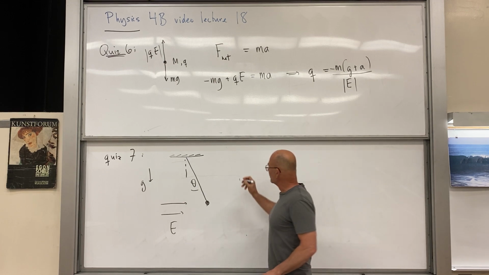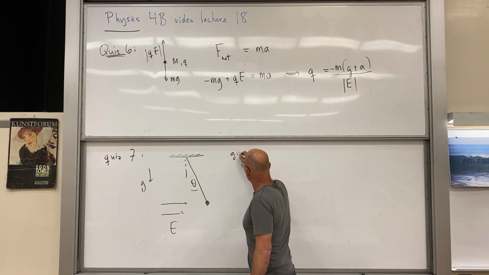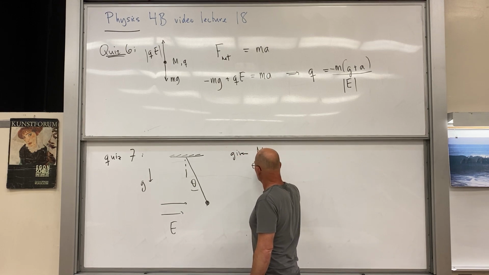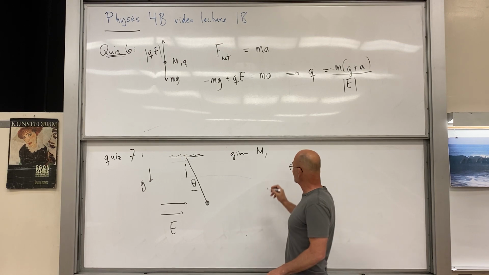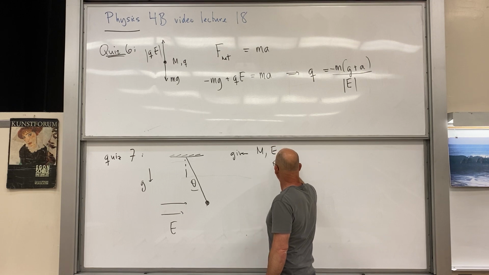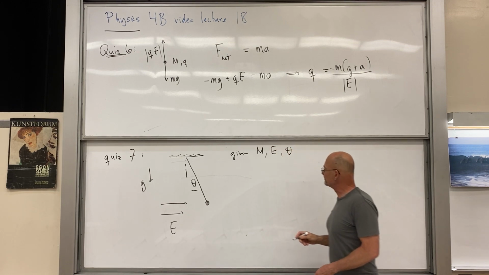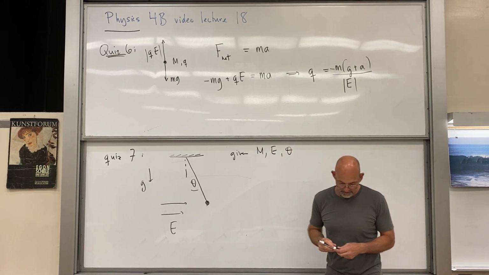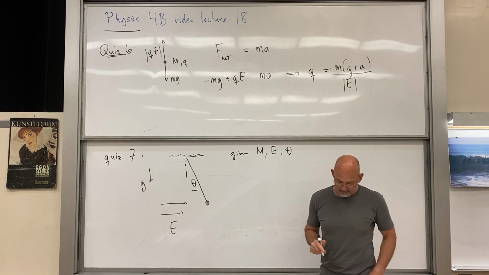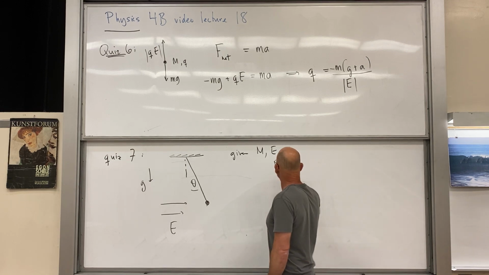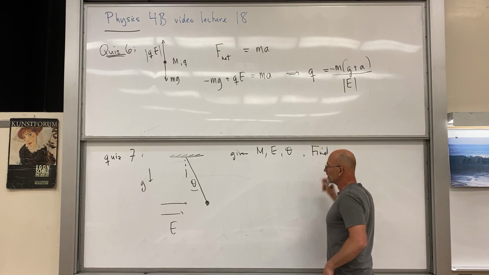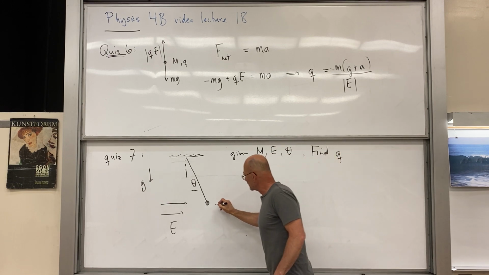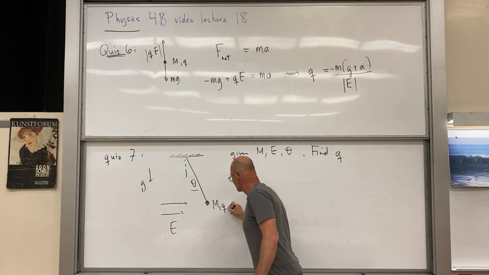So what was given: the mass, the angle, the electric field. And we're trying to find the charge again. Trying to find Q. Okay, so there's mass and charge right here.